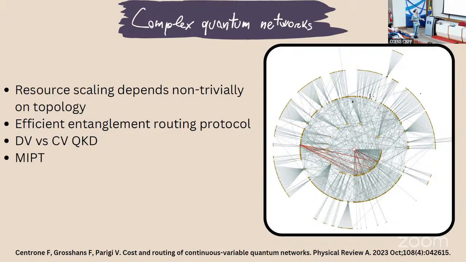So the resources to implement these networks do not only depend on the number of edges or the number of nodes, they actually depend on the topology of the state. And we applied this for communication protocols, but also we are recently applying them to study what we were talking about before, measurement-induced phase transition, which is an emergent topic that I find very interesting.